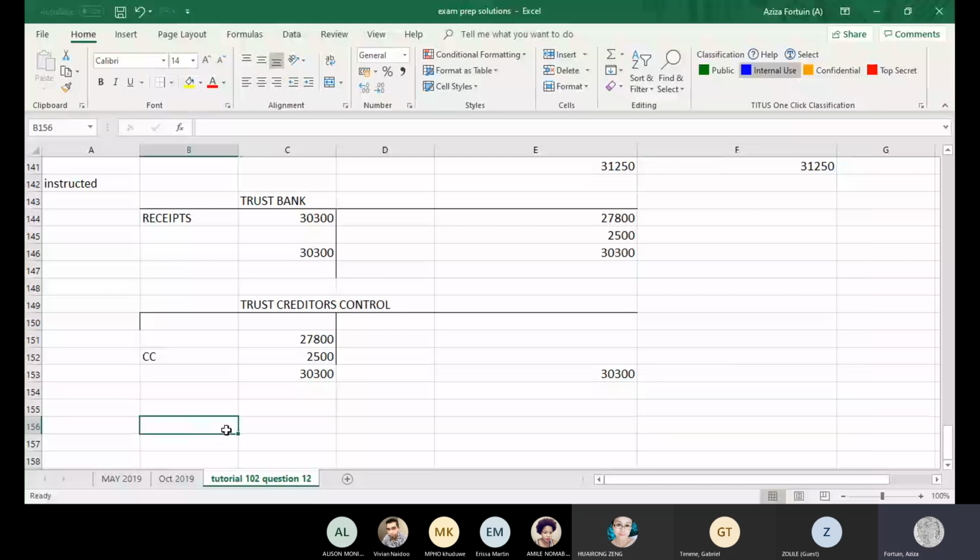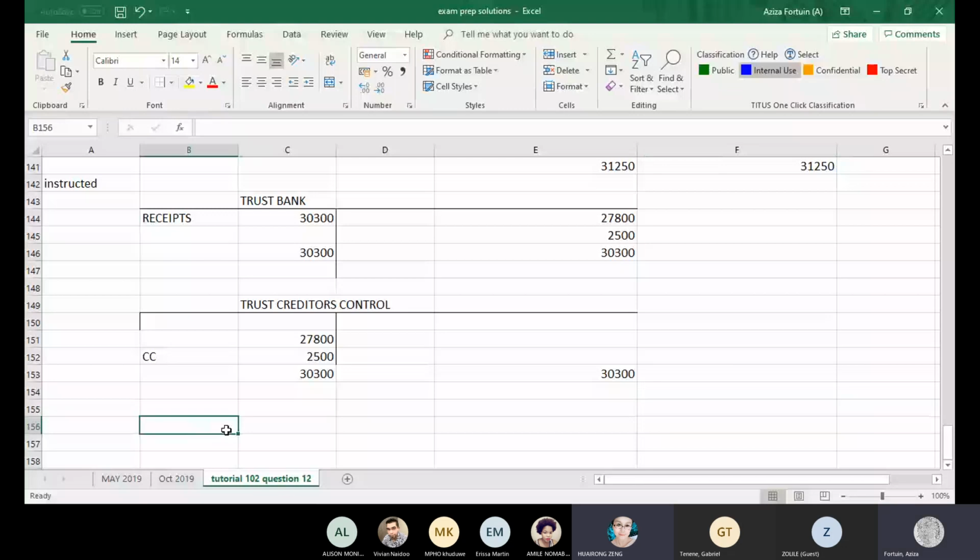Maggie, what answer do you get for your fees account? At the debit side, 950 at 1/3 share fee. And the credit side, 2,850.